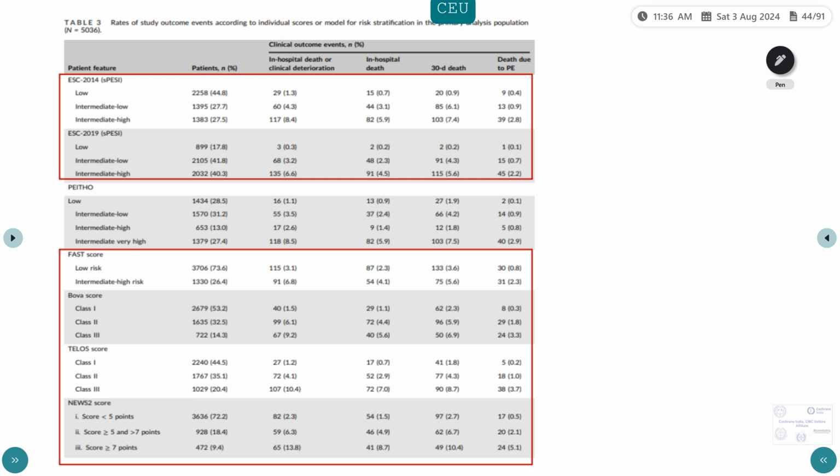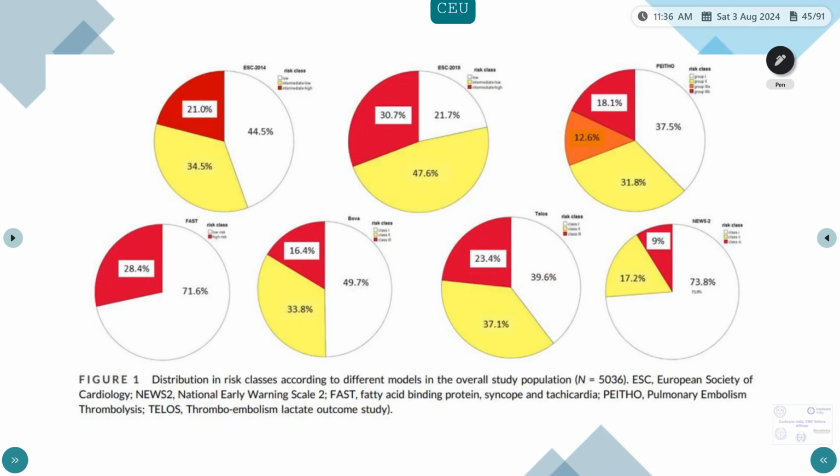Now this is just a diagram to see what percentage of the primary population they classified into different groups, white being low risk and red being the highest risk. We can see that in the BOA model, they have classified only 16.4% of patients in the high risk category.